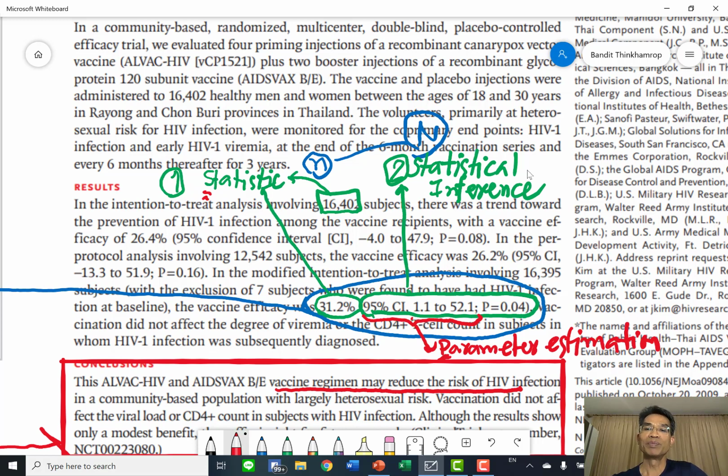Confidence interval. And the second one, the P value, P, probability, P value, is the second component of statistical inference. It is called test hypothesis or hypothesis testing.